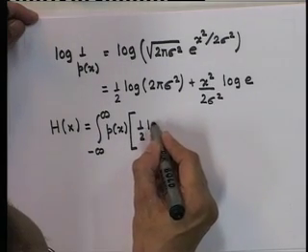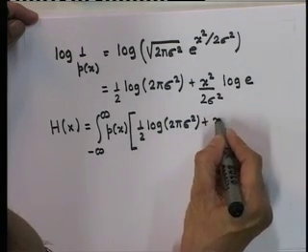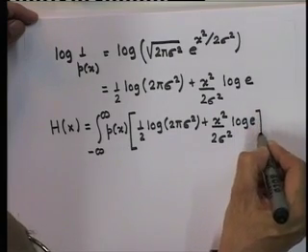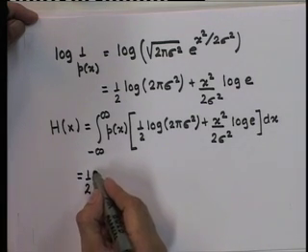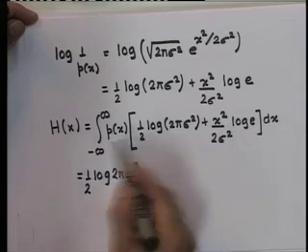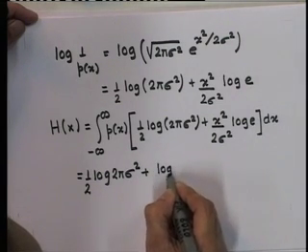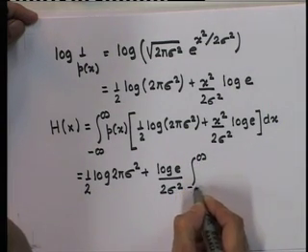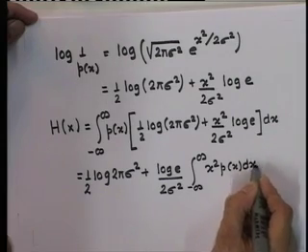P x multiplied by half log 2 pi sigma squared plus x squared by 2 sigma squared log e, integrate this quantity, and this can be simplified as half log of 2 pi sigma squared, because the integration of p x dx from minus infinity to plus infinity is equal to 1, plus log e divided by 2 sigma squared multiplied by the integral from minus infinity to infinity of x squared p x dx.